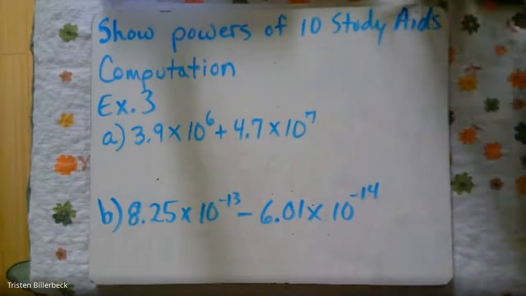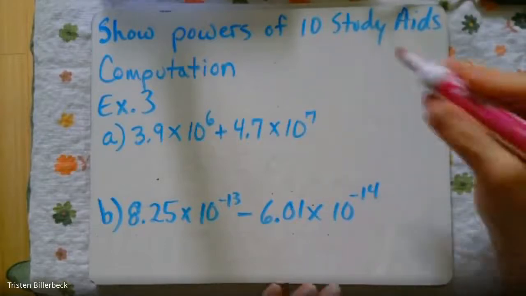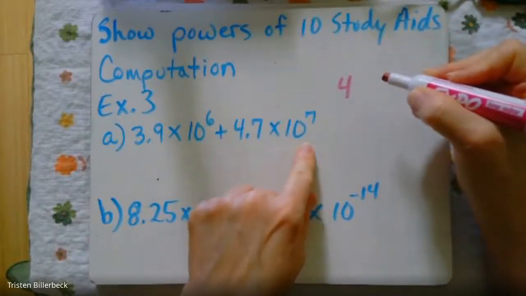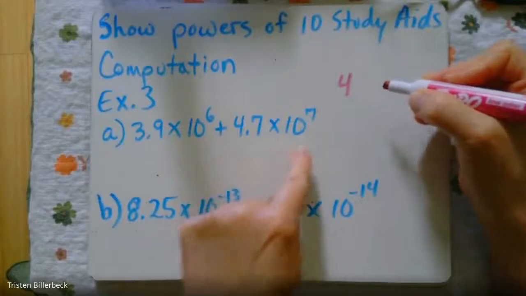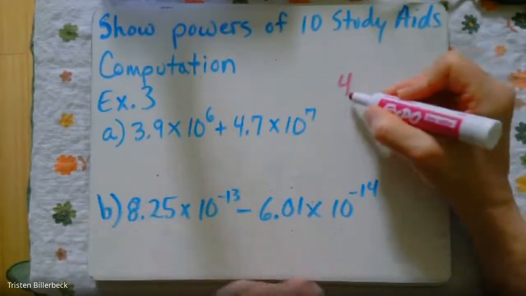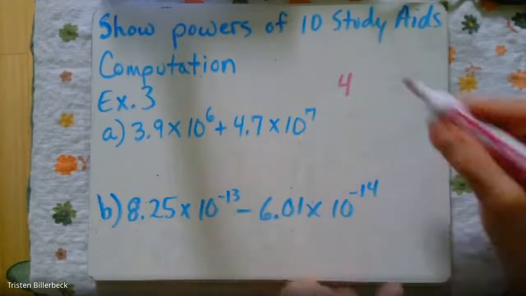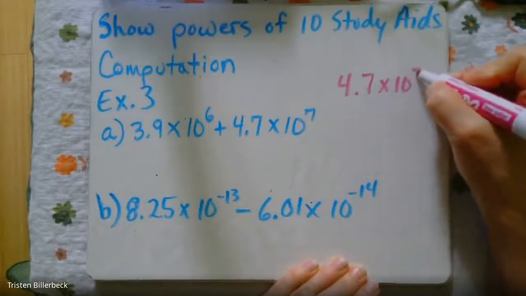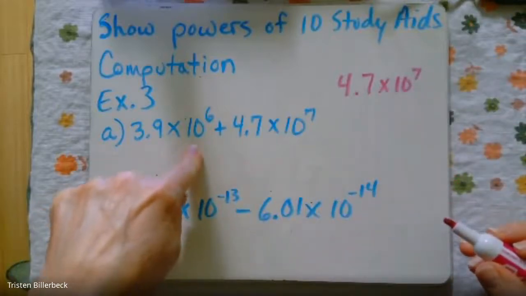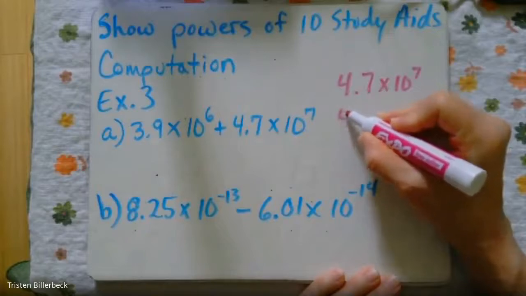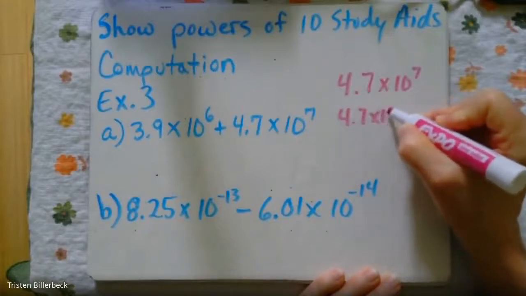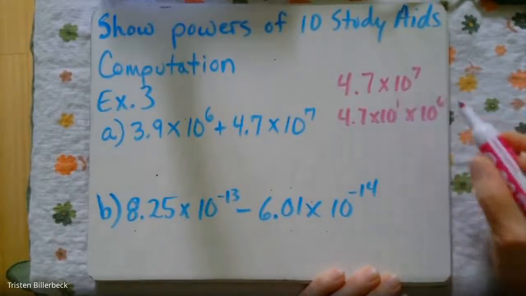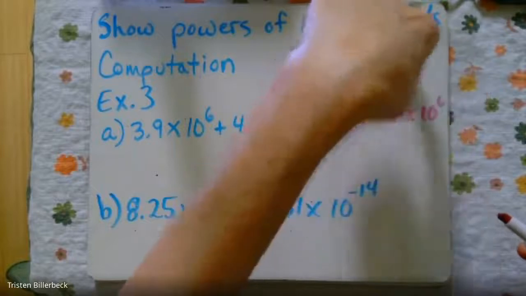So if I have 4.7 times 10 to the 7th, and I want that in 10 to the 6th, I'm going to take one of those 10s away from this 10 to the 7th, because I know that 1 plus 6 is 7.